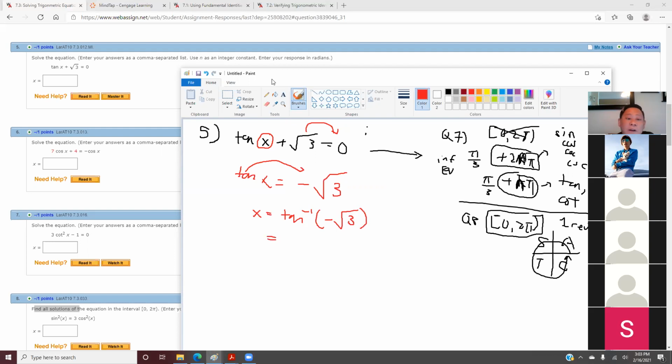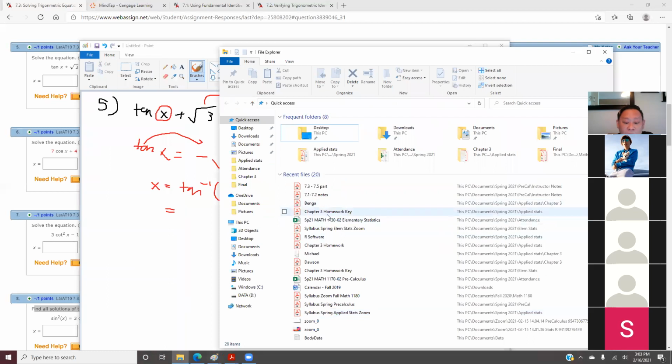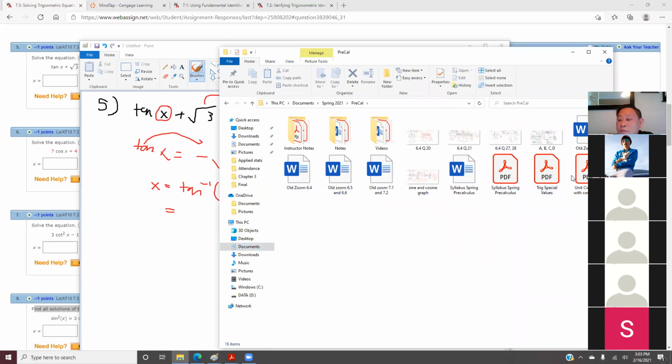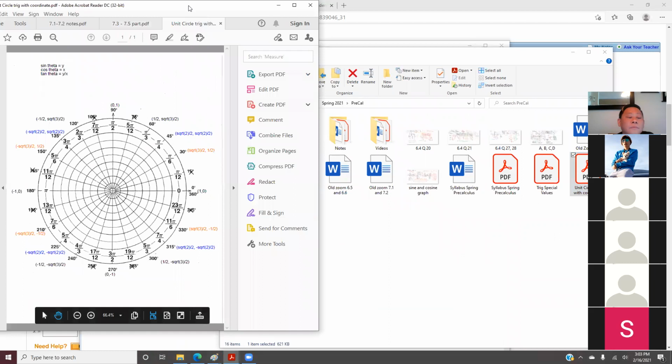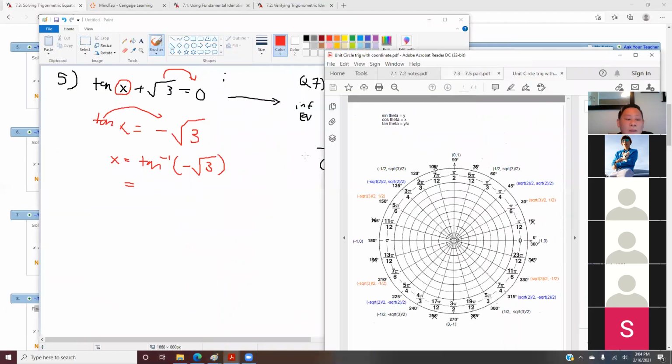So now you have to figure out what this value is. And how do you figure this value out? You have to use your unit circle. Remember your unit circle? Can someone tell me, using the unit circle, tangent is y over x, right?